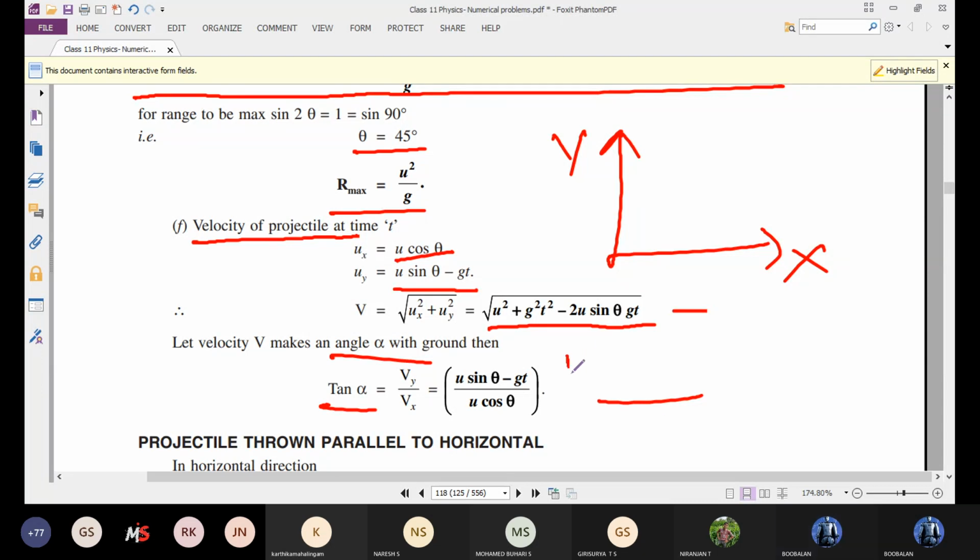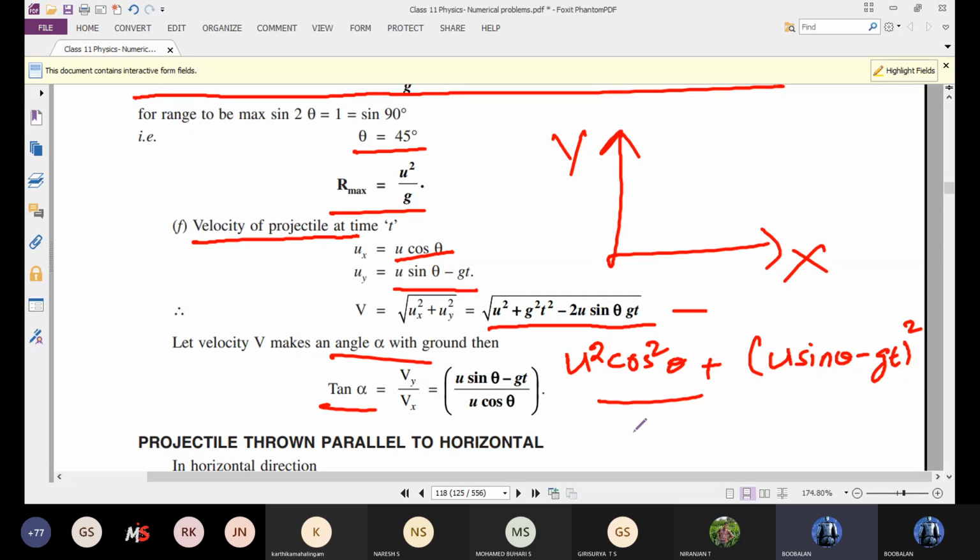Here, u square cos square theta plus (u sin theta minus gt) whole square, under the root also. So this is the a minus b whole square formula.